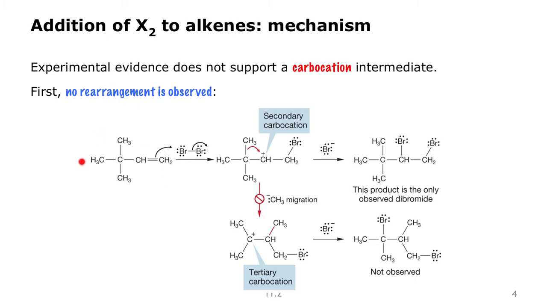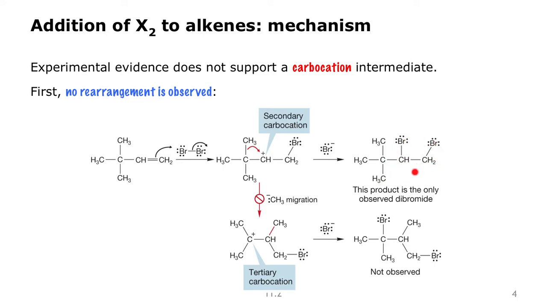We've seen this substrate before in our examination of carbocation rearrangements because electrophilic additions to the double bond typically produce a secondary carbocation, and we observe rapid alkyl shifts and products of those alkyl shifts. In this case, reaction with bromine produces only the 1,2-dibromide that we see here.